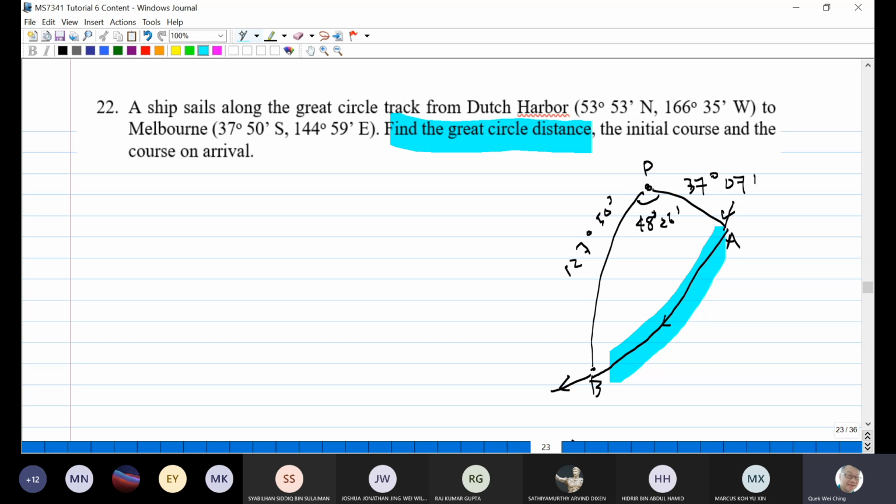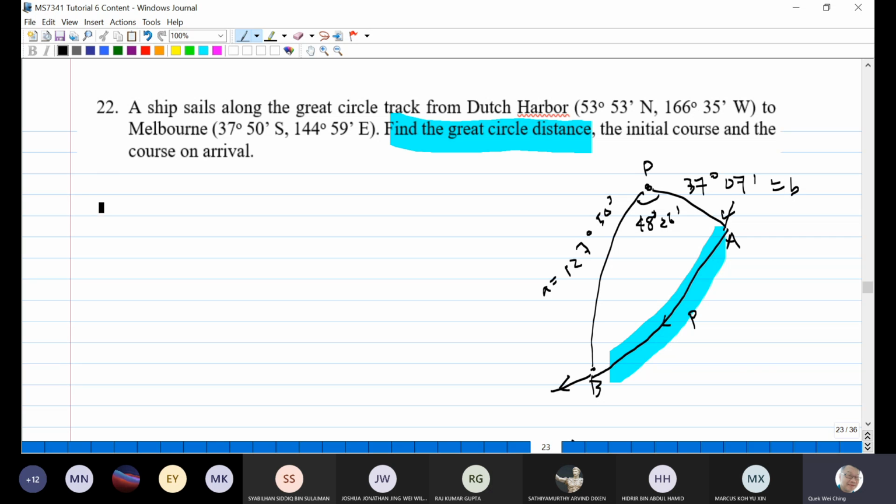This is length small p, or AB, opposite angle P, right? This side is A, and this is opposite B, right? So you can use this.